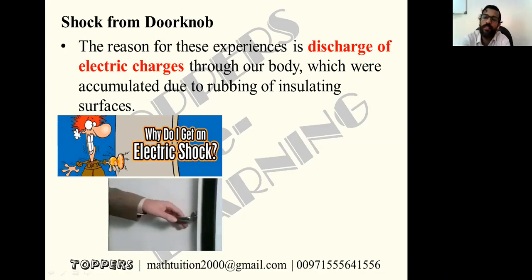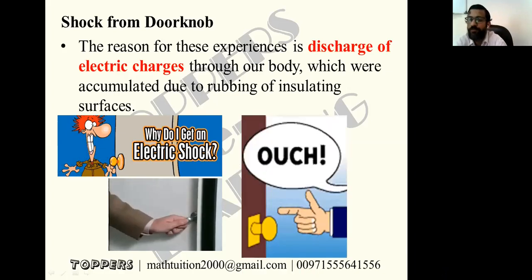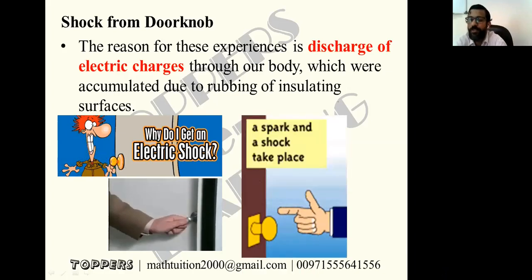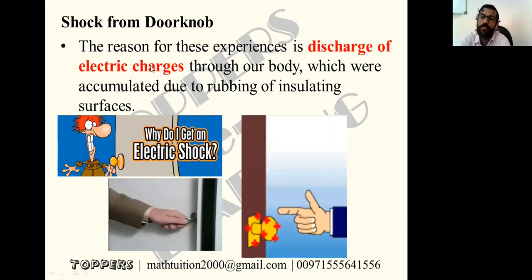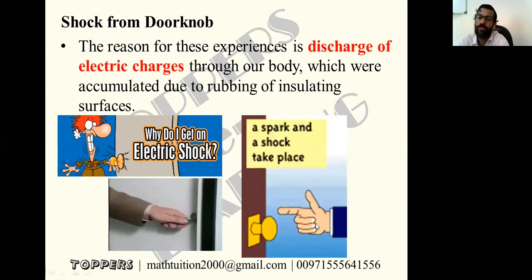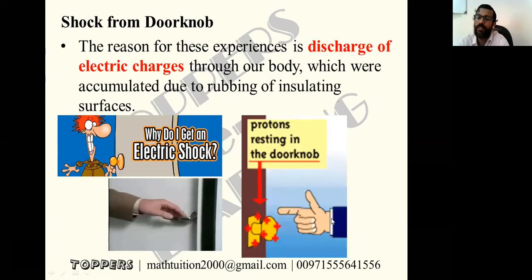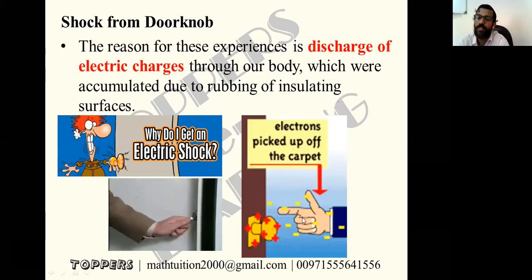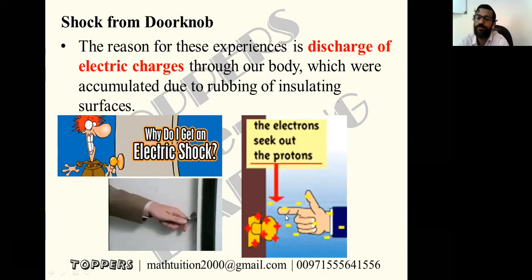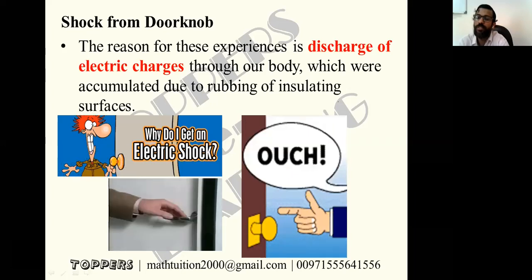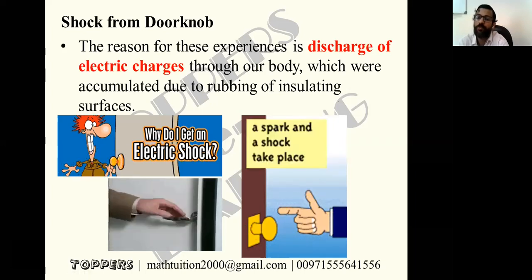That is the feeling we are getting, a shock. See, on the doorknob you can see the charges are there: positive charges on the doorknob, and negative charges on our hand. So when we come and touch, electric discharge takes place, and that gives you a shock or spark.